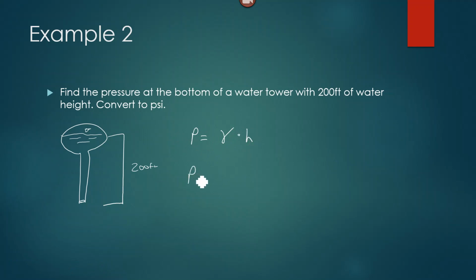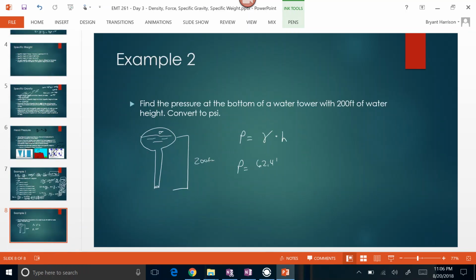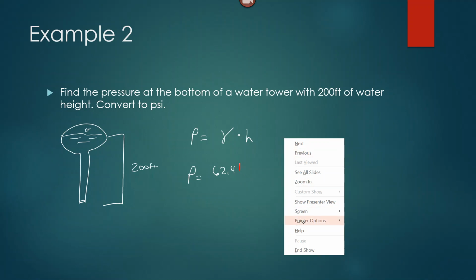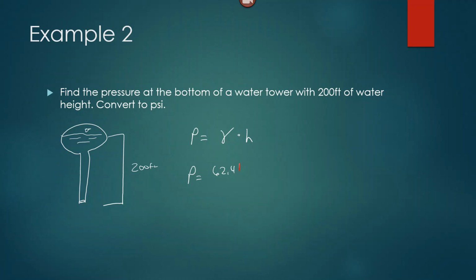So pressure equals specific weight of water, which is 62.4 pound force per feet cubed.